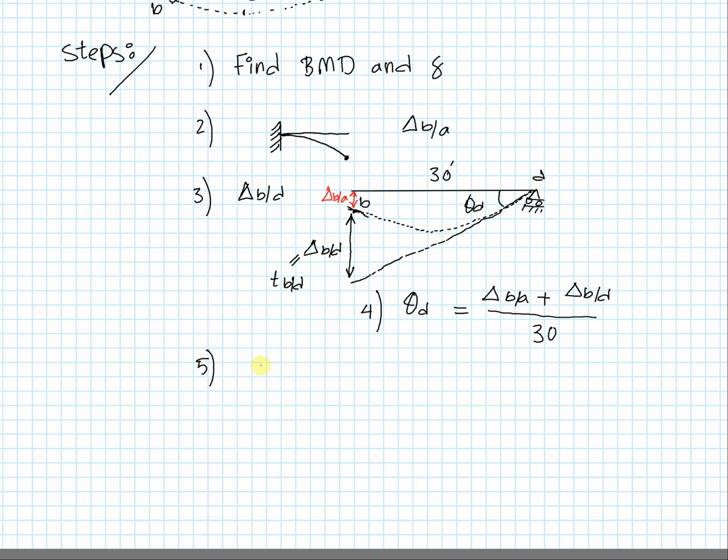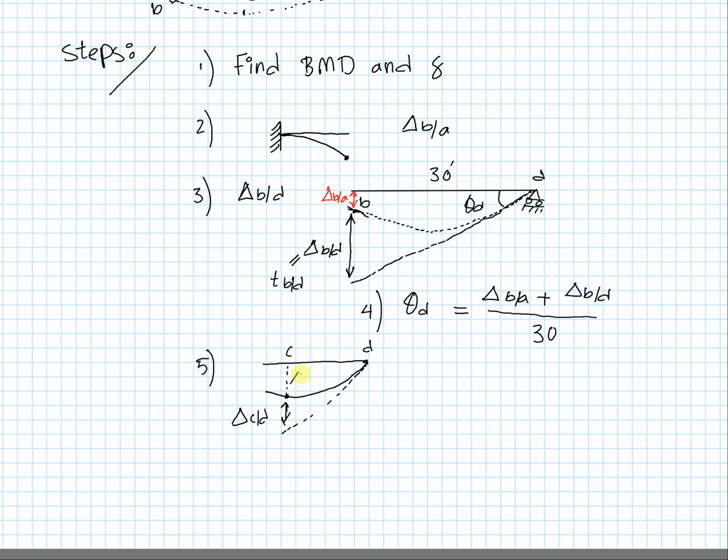And for delta CD, I'm going to look at the right side of my beam, and I'm going to look at its deflection. It's going to look like that. And this is kind of point C. Then that's D. And when I draw the tangent from D to C, this is going to equal delta CD.